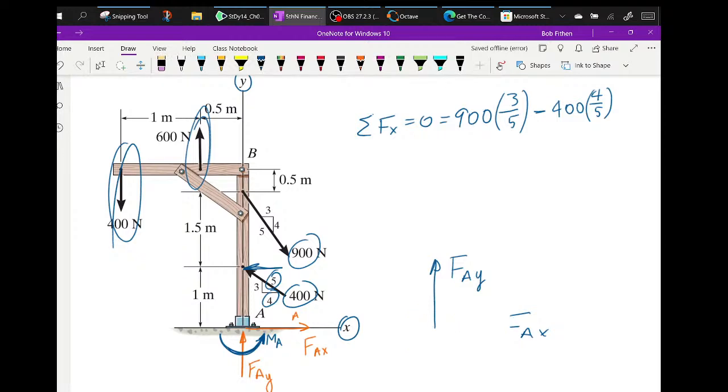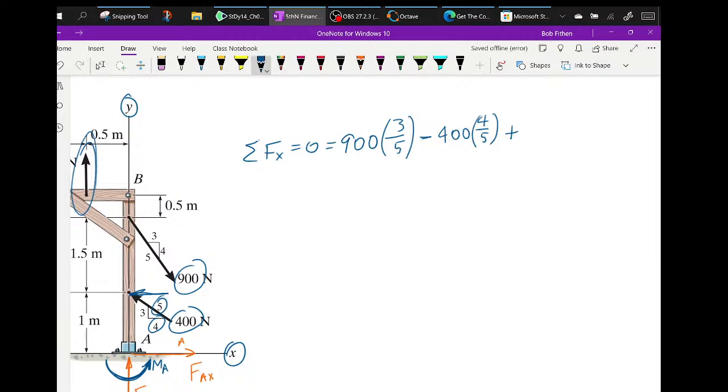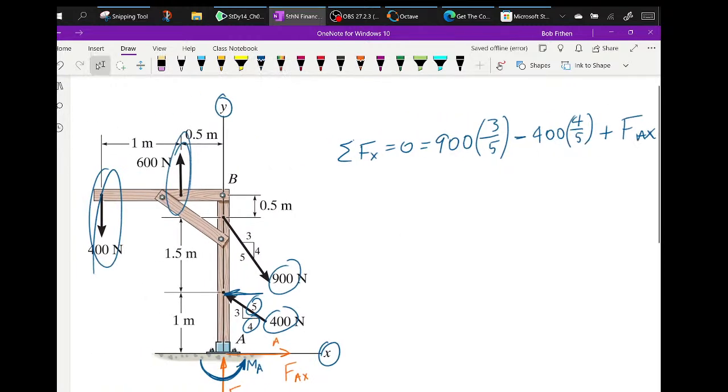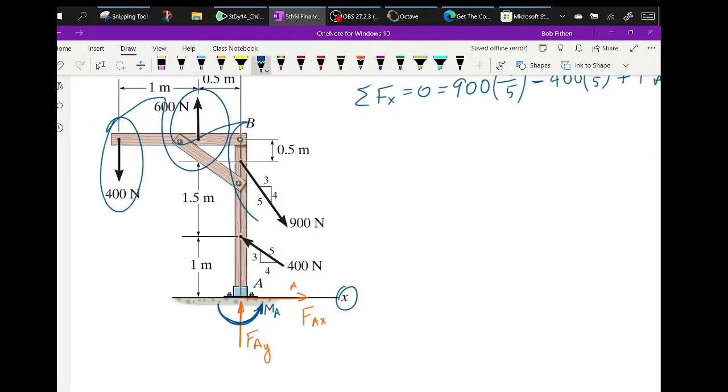I'll always do them that way until we get to beams, and then there is some reason for doing them slightly differently, which we'll talk about at that time. So that's it. You have to realize I've got my loads here. I've got 1, 2, 3, 4, 5 applied loads. And that's it.